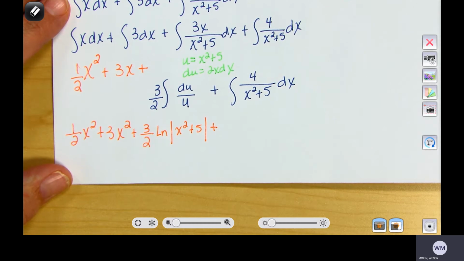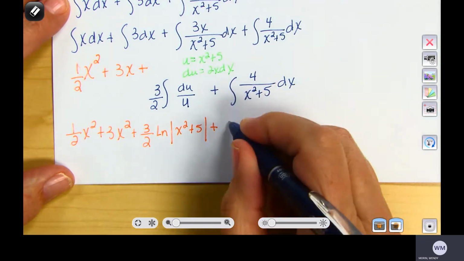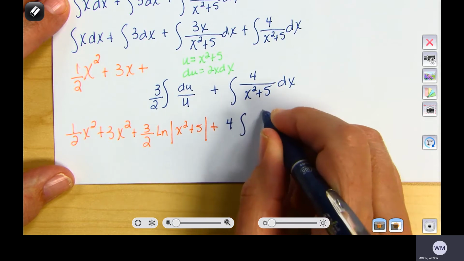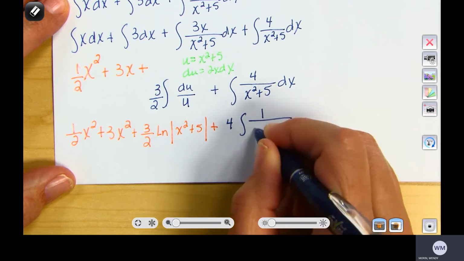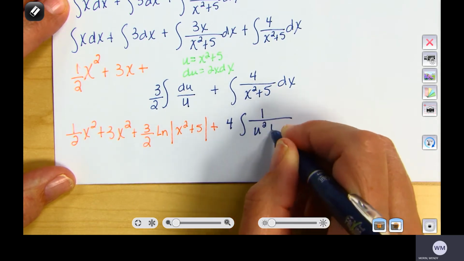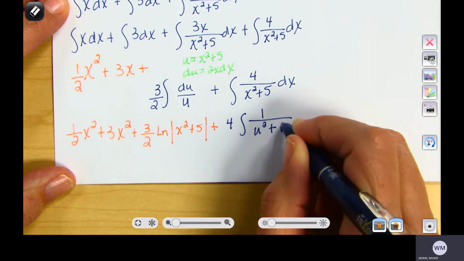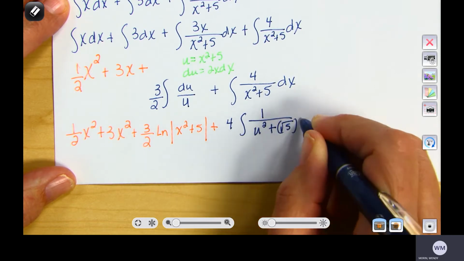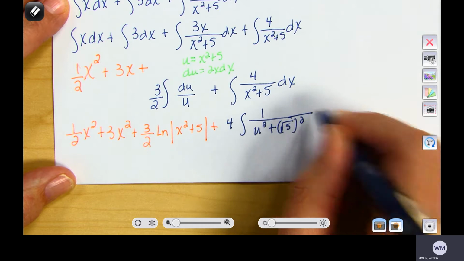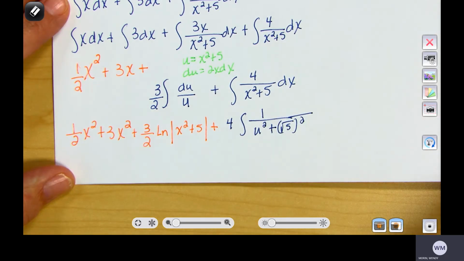What do you think? I think that it's 1 over u squared plus a squared. That's what I think.